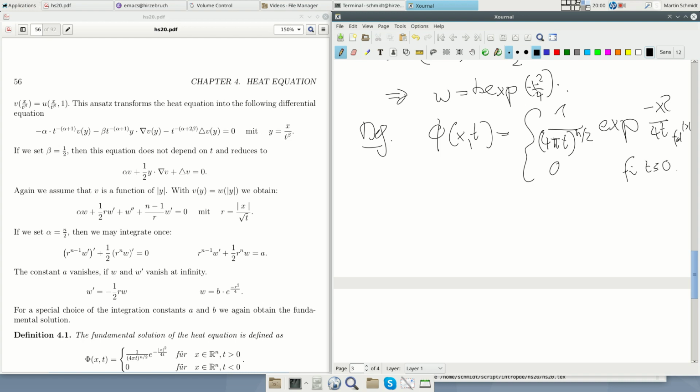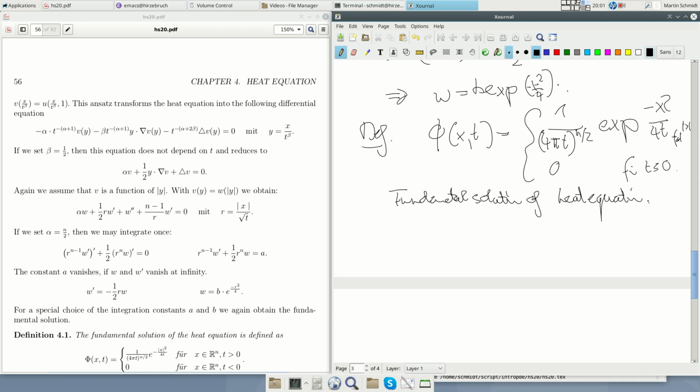Yeah, this is not so important. Okay, this is just more or less a convention. Okay, this is the fundamental solution of the heat equation.